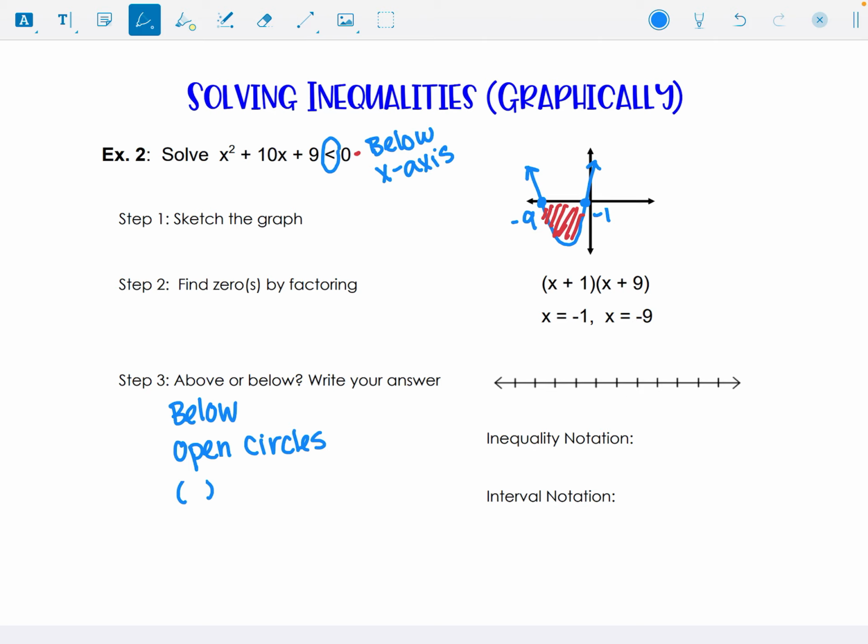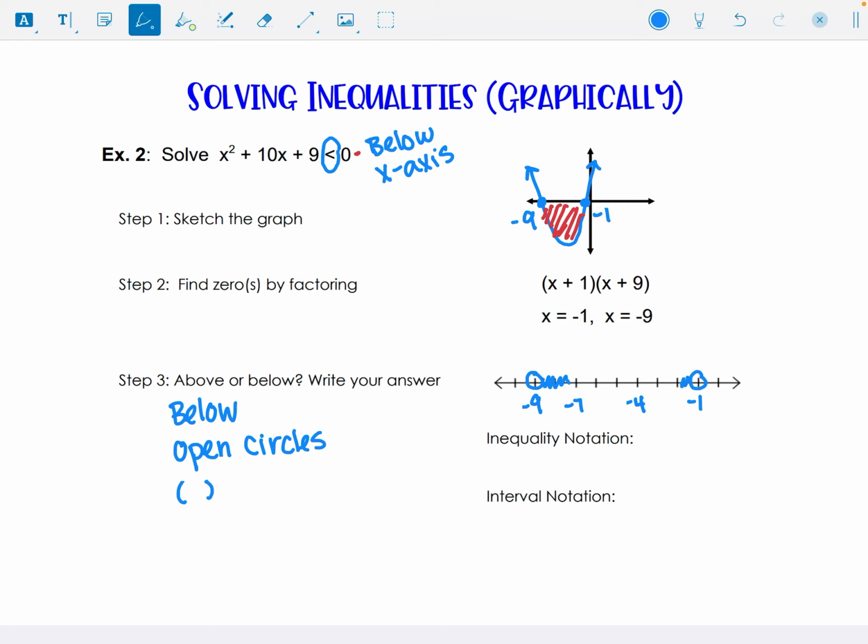Okay, so moving on to the number line, let me go ahead and mark it off a little bit. Okay, so I just marked off a few numbers. Again, we have open circles at the zeros at negative 9 and at negative 1. Now this time I shaded to the right of negative 9 and also to the left of negative 1.